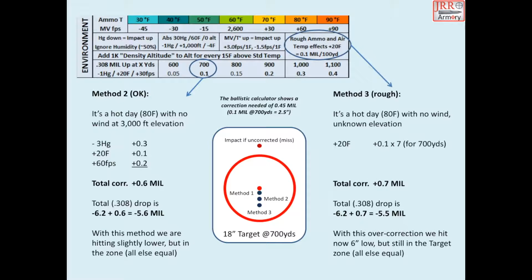If we are to plot the hits or misses, if we didn't correct at all for temperature or density altitude, we would have missed high. The first method from the previous page puts us closest to the target. The second method on the left is second best. And then the third method is the least accurate. However, all three methods in the end are better than making no corrections for density altitude, temperature and muzzle velocity.